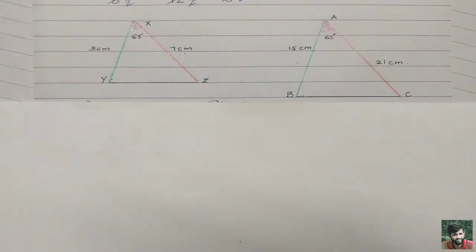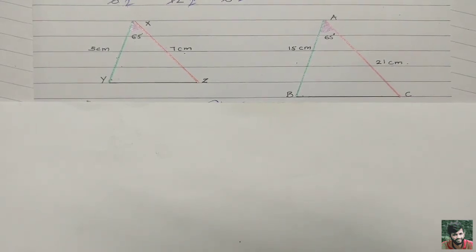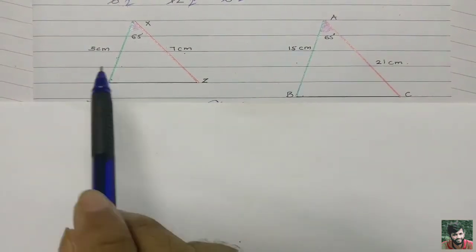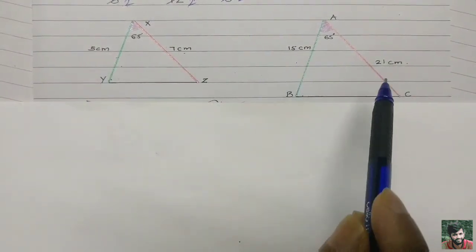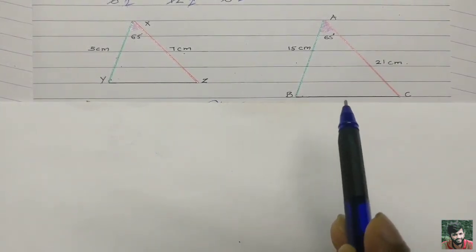Let us look at the third and the final criteria for similarity of triangles. I have two triangles, XYZ whose measurements of two sides and one angle are given, and triangle ABC again whose measures of two sides and one angle are given. The angles are equal, both of them are 65 degrees, but the sides are different. Okay, so what is this criteria?